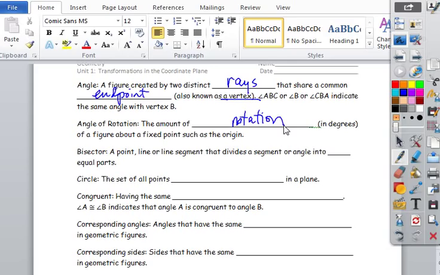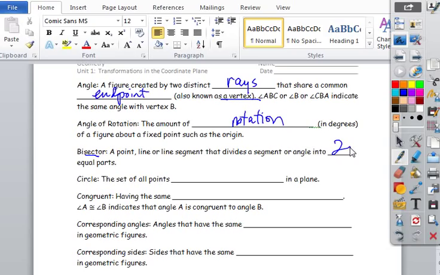Bisect or bisector. Do we know what bisect means? All right, what does it mean? Two. So when you bisect, that's cut. You're cutting it into two equal parts. So a point, line, or line segment that divides a segment or angle into two equal parts. So anytime we ever hear bisector, we're automatically thinking what?